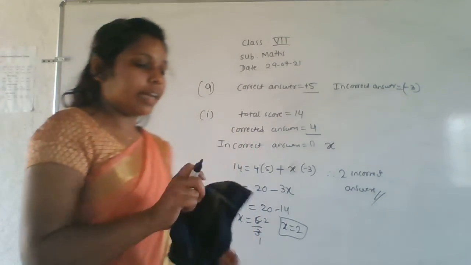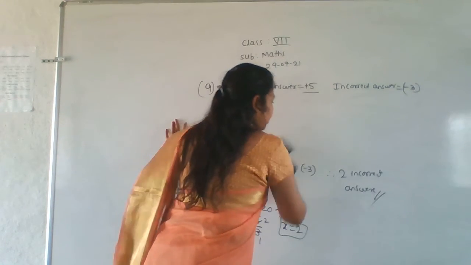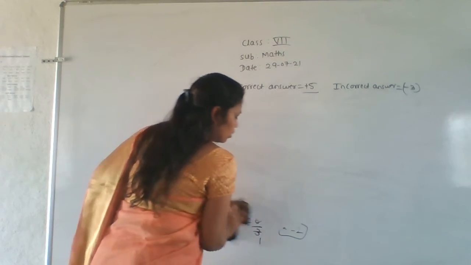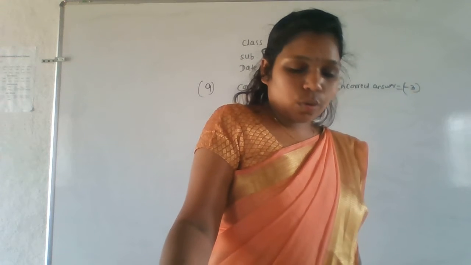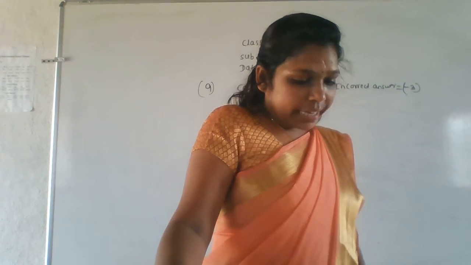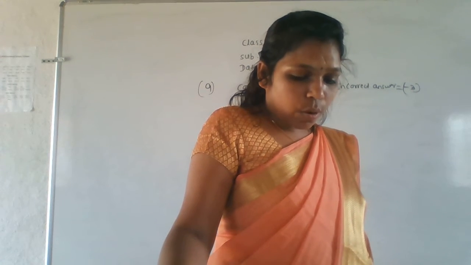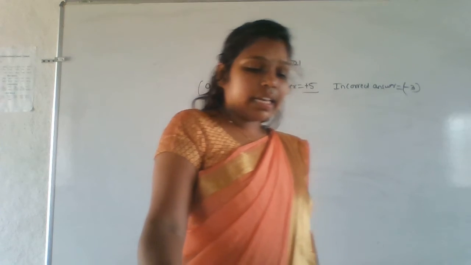Now we will go for the second one. What is the second question they have given here? Mohini scores minus 5 marks in the test, and though she has got 2 correct answers, how many questions has she attempted incorrectly?